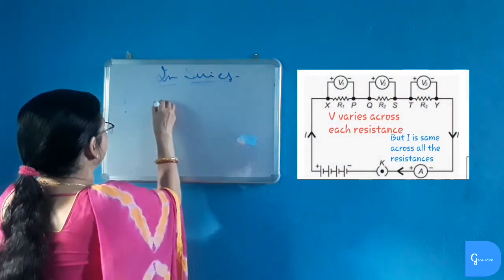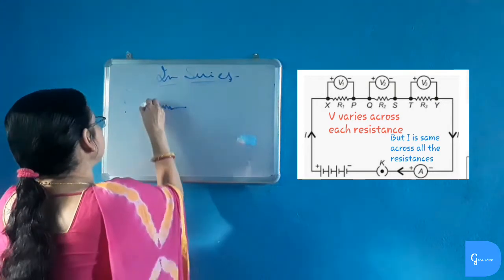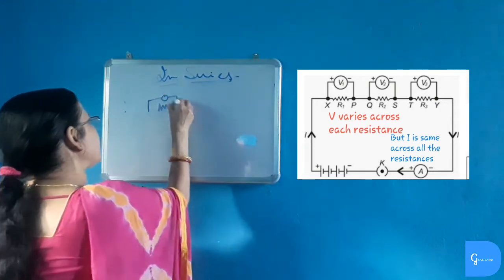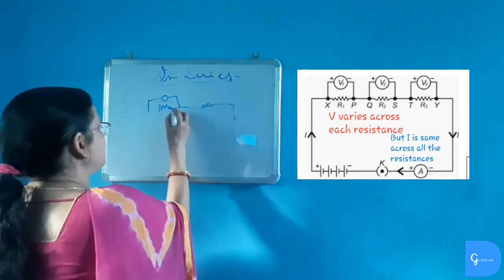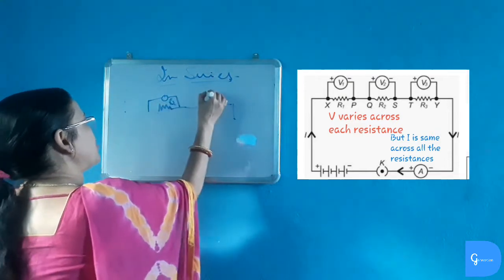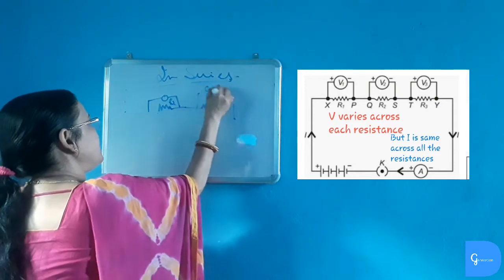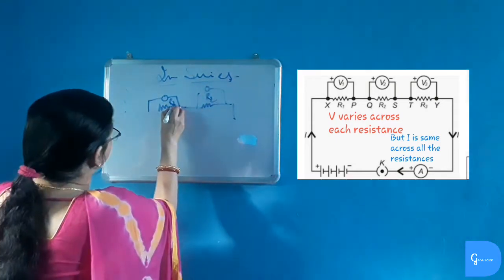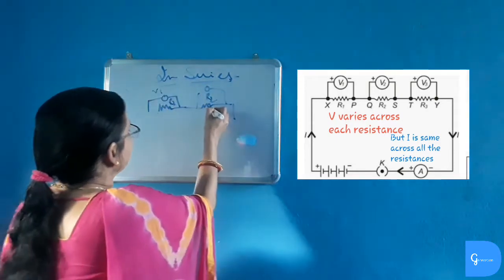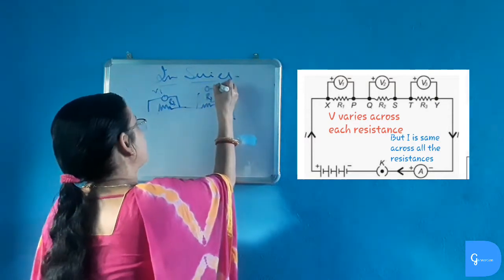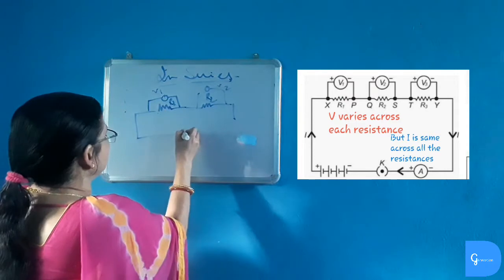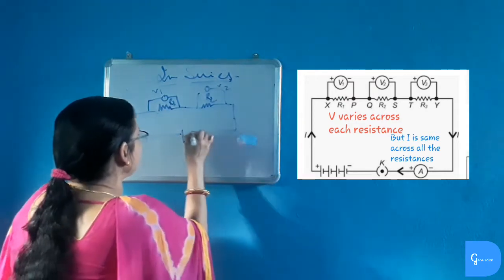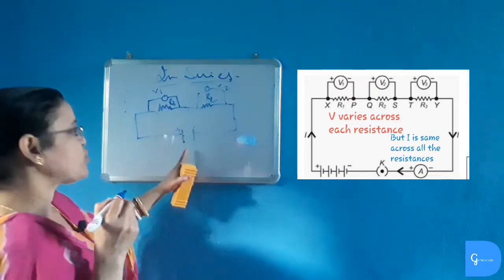In series connection, the potential difference across each individual resistance is different, which depends on the value of the resistances. The potential difference across R1 is different, it will be V1, and the potential difference across R2 will be different, suppose it is V2. But the total potential difference will be equal to the voltage of the battery.